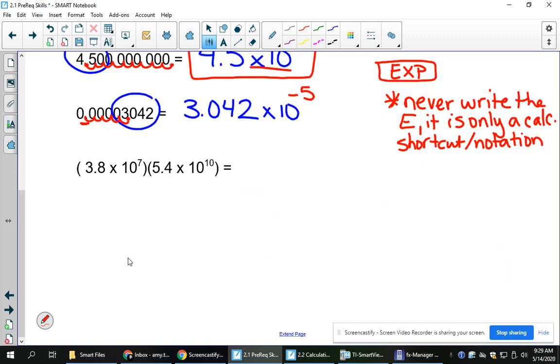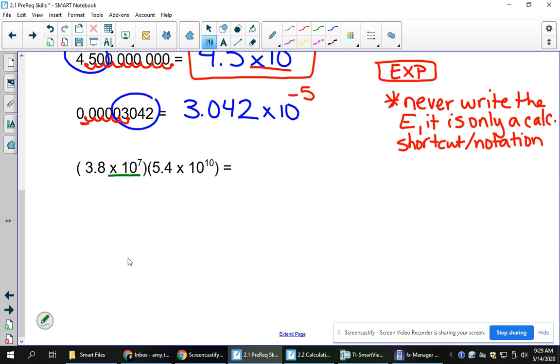So this last example here, we've got scientific notation and we're multiplying it together. So this is just basically a calculator question. Let's go first on the TI. So you can fast forward a little bit if you have the Casio. On the TI, I'm going to write 3.8 times 10 to the 7. And remember the times 10 part, I don't need to plug that in my calculator.